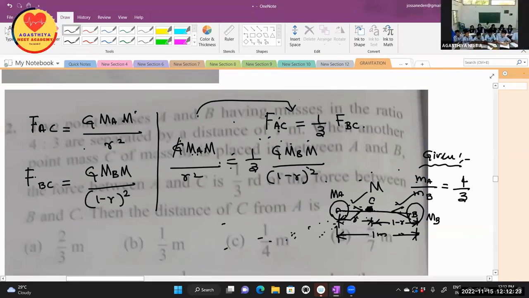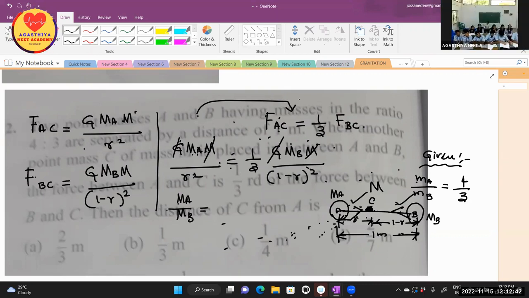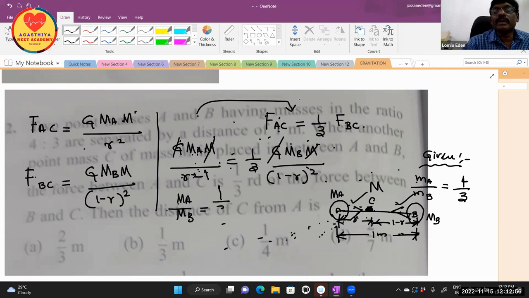Let us cancel this value. What about this M_A divided by M_B? M_A divided by M_B is equal to... What is there? 1/3 is already given, is 4/3 given or not? Let us first convert the equation. M_A by M_B is equal to 1/3 R squared divided by (1 minus R) whole squared.